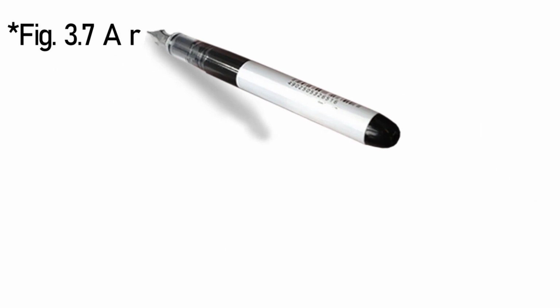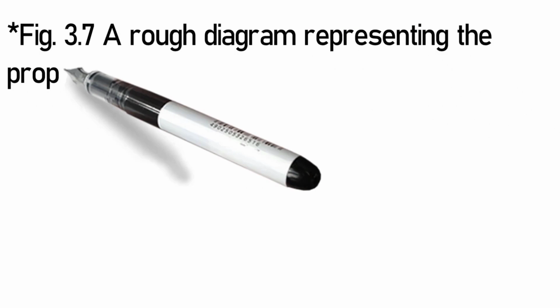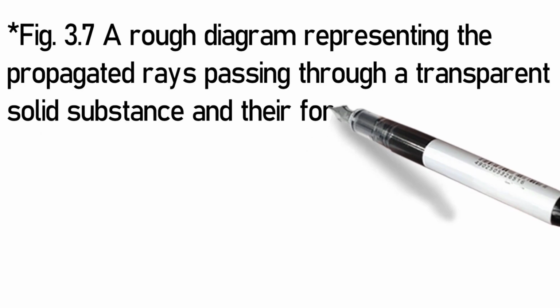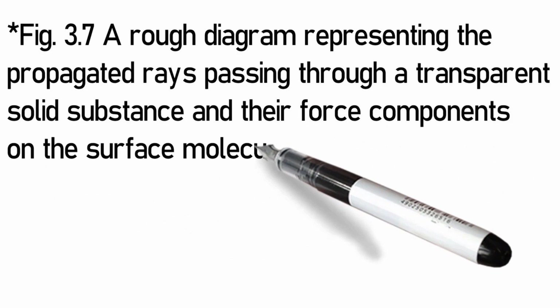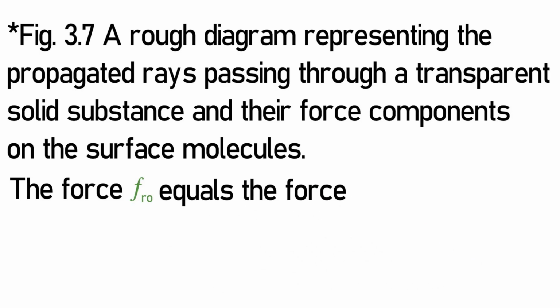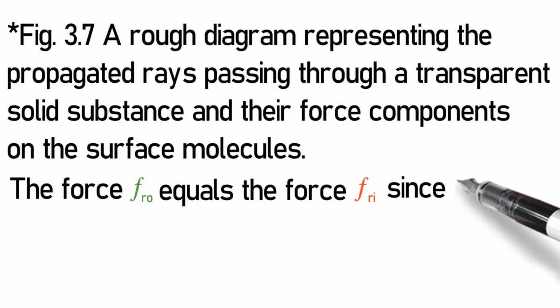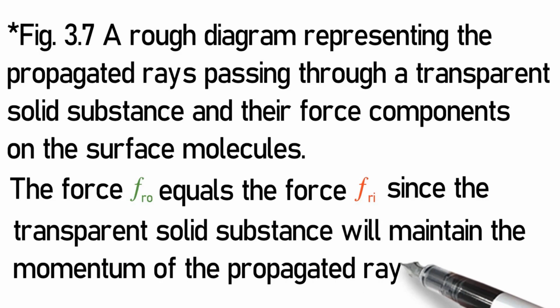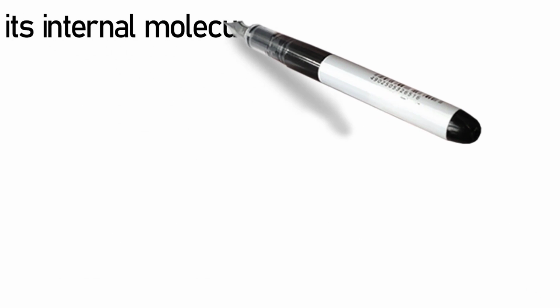Figure 3.7. A rough diagram representing the propagated rays passing through a transparent solid substance and their force components on the surface molecules. The force F sub Ro equals the force F sub Ri, since the transparent solid substance will maintain the momentum of the propagated ray through all its internal molecules.